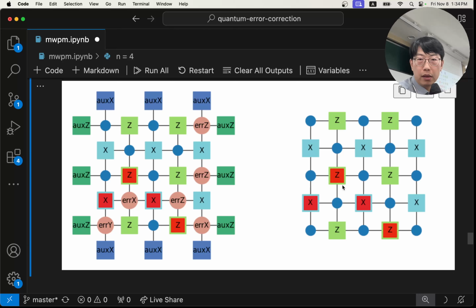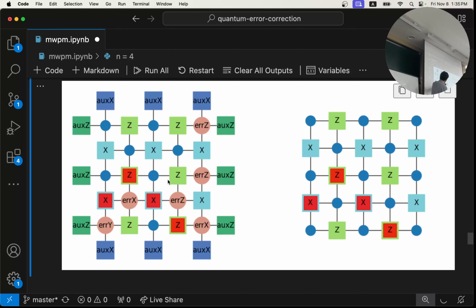So here on the left hand side, ignore the outside box. That's for other purposes. There is no such real stabilizer here. Imagine, ignore it right now.